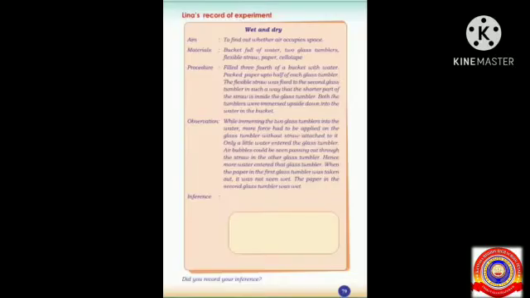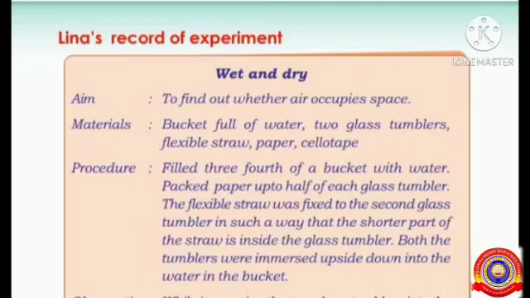Okay, now we have to study how we can write a report of an experiment. For writing the report of an experiment, at first we have to select a suitable heading for the experiment. Then we have to write down the aim of the experiment. Aim means the purpose of doing the experiment.